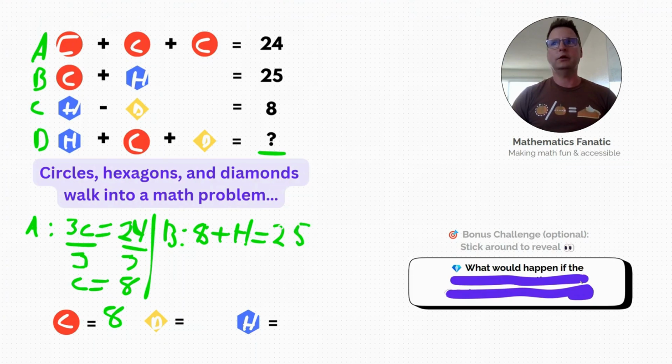So to get H by itself, what do we do? Subtract 8 out from each side.